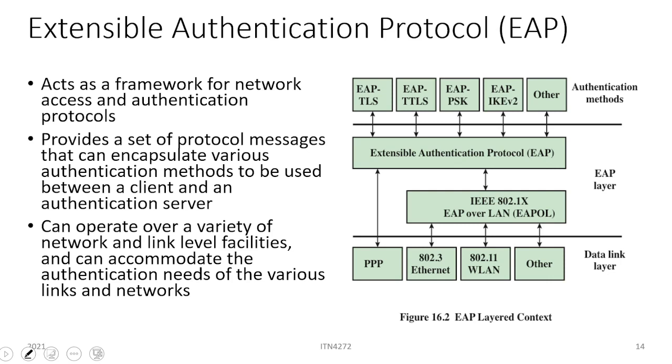So if we think from a layered point of view, we can have devices that are attaching to our network through different layers. At our data link layer, there can be devices connecting through different mechanisms.